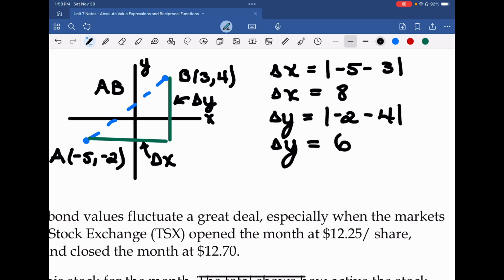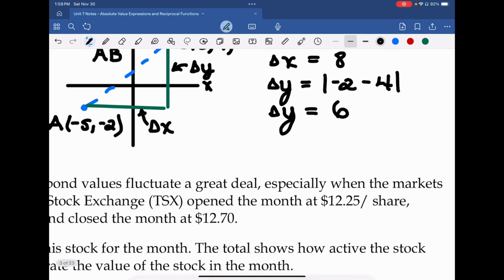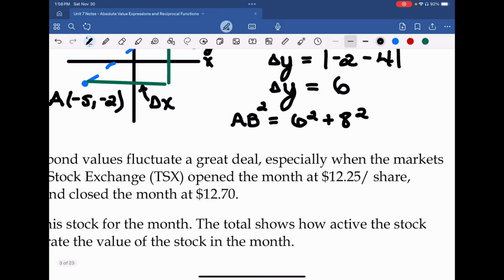Now we can use Pythagoras to get the hypotenuse value of AB. AB squared is equal to 6 squared plus 8 squared. Now we square root both sides.